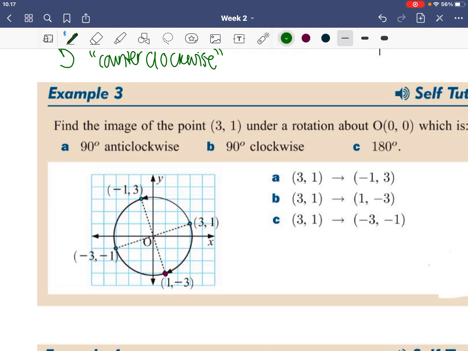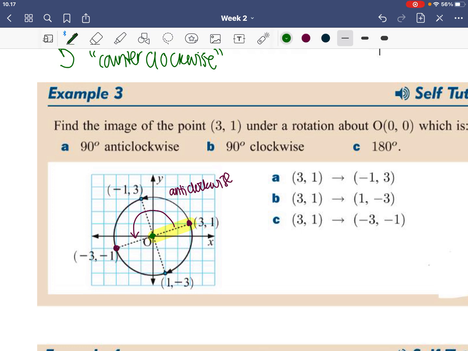If I have my pin on the origin again, and I am holding the string here on (3, 1), if I go 180, this is anti-clockwise, I will end up at (-3, -1) here.